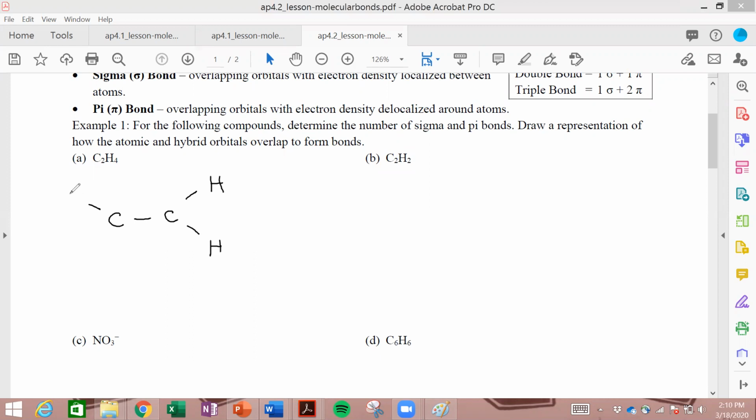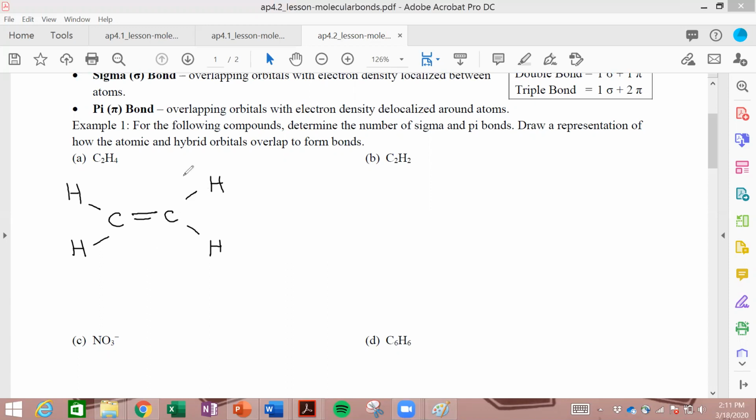Always try to keep it symmetrical when you're drawing: 2 hydrogens on one side, 2 on the other side. And I know that carbon needs to have 4 bonds to fulfill the octet rule. So 1, 2, 3, 4, 1, 2, 3, 4. Hydrogen is just a duet because of that 1s1, so it can only have 1 attachment. So it's just 2 electrons or 1 bond for each of the hydrogens.